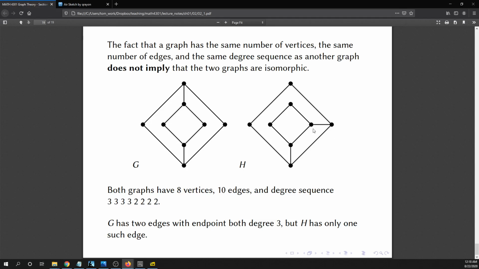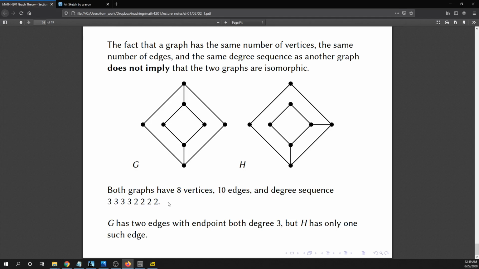Here's another vertex of degree 3 here, a vertex of degree 3 here, and a vertex of degree 3 here. So 1, 2, 3, 4 threes. And then this is a degree 2, this is a degree 2, this is a degree 2, and this is a degree 2. So you can see they both have 8 vertices, 10 edges, and the same degree sequence, yet they are not isomorphic.